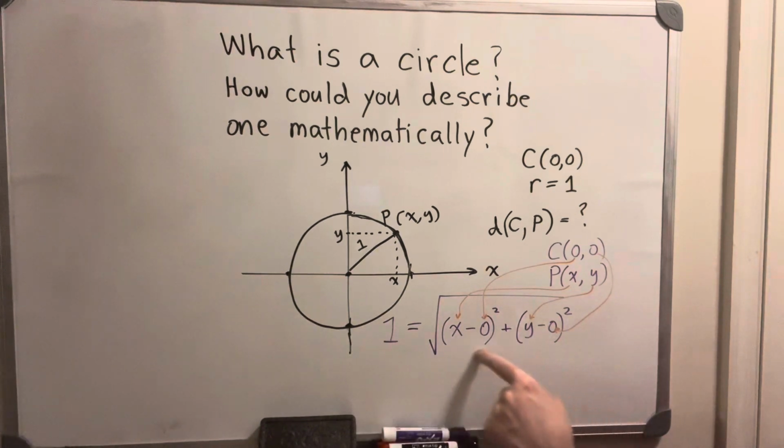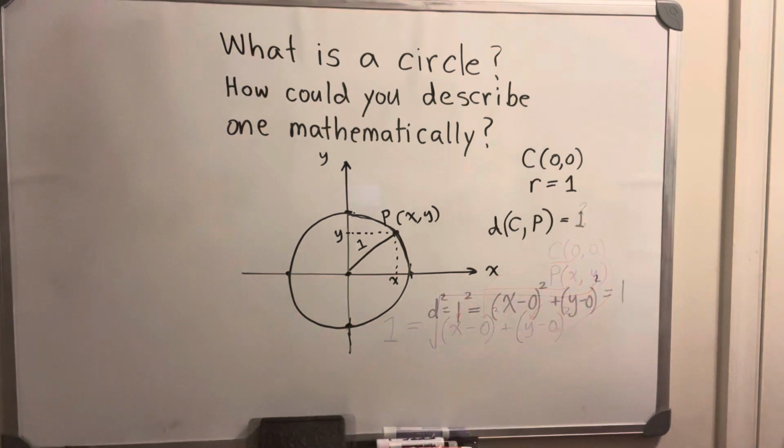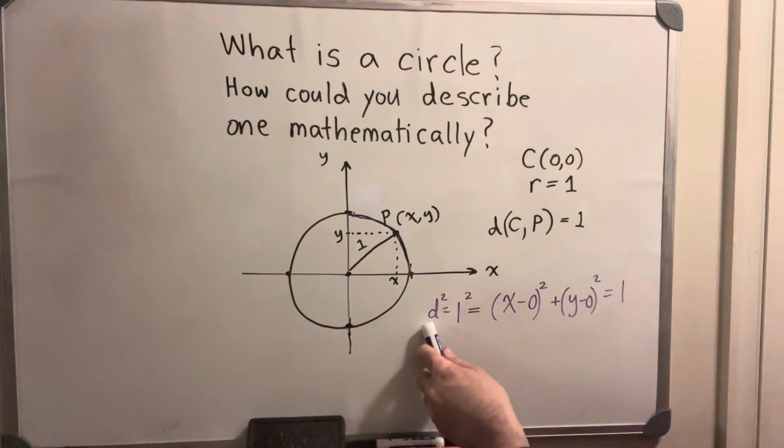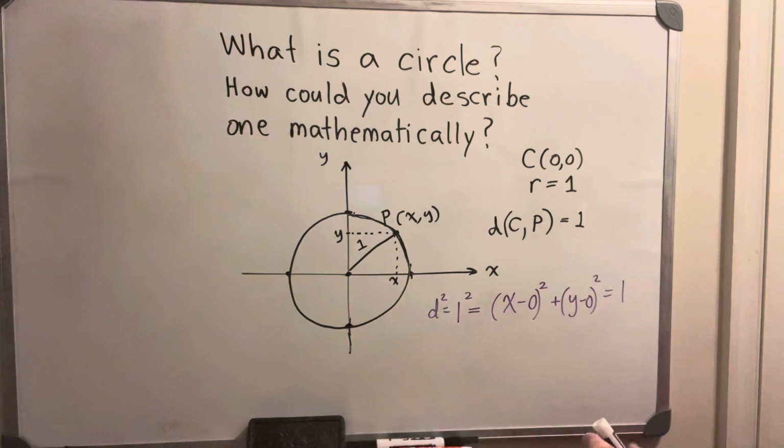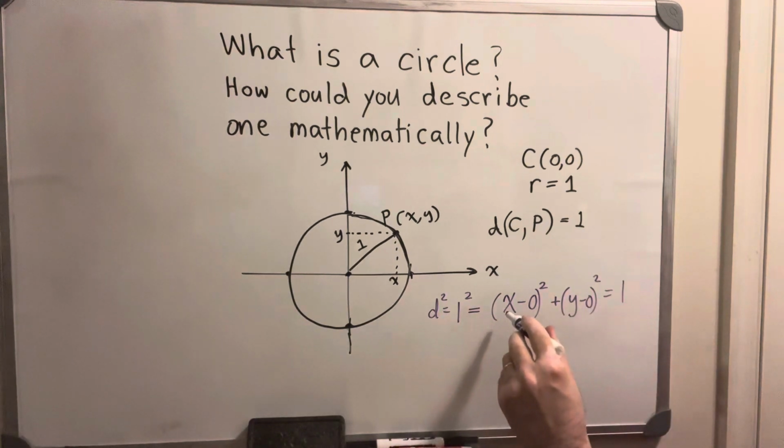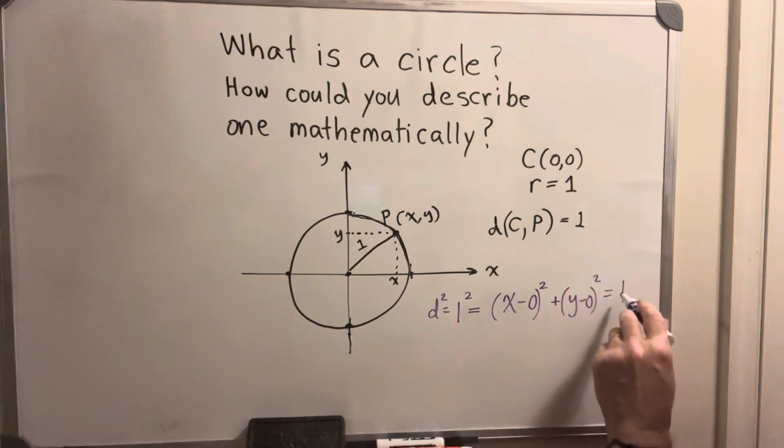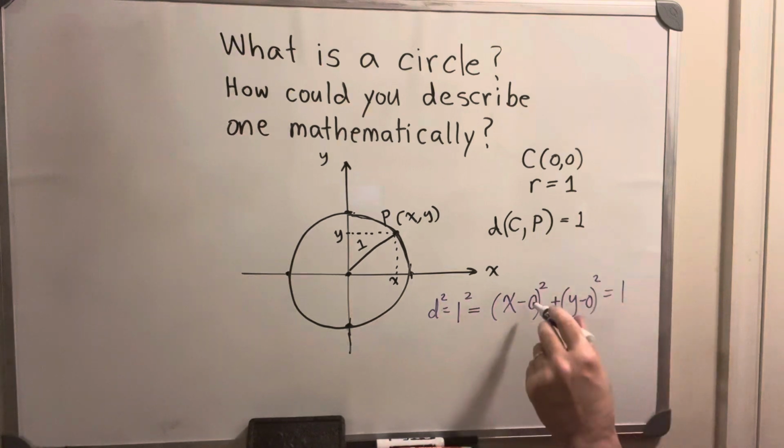So look at this for a little while. Now what I've done is, having a big square root complicates things, but we can say that the distance squared is the radius squared, so I squared both sides so that it's equal to just what was inside the radical. And we know that 1 squared is the same as 1.